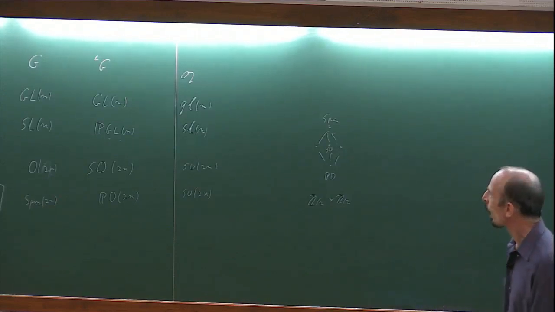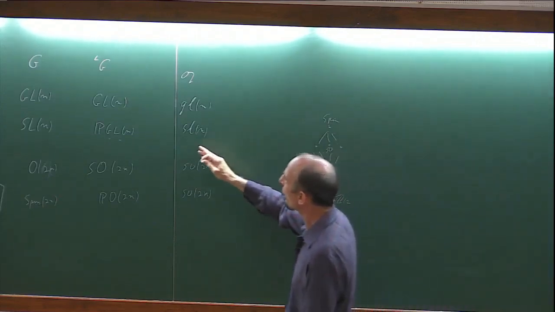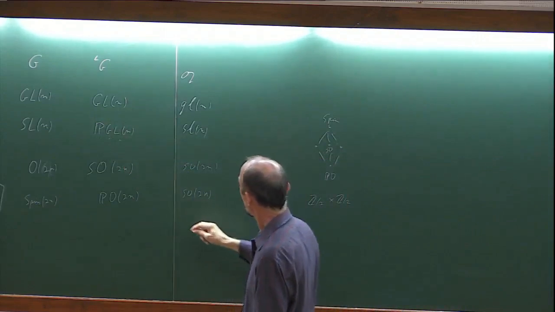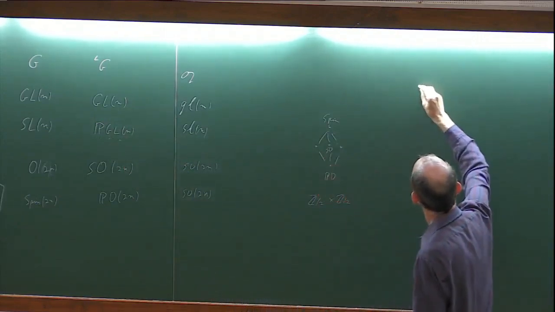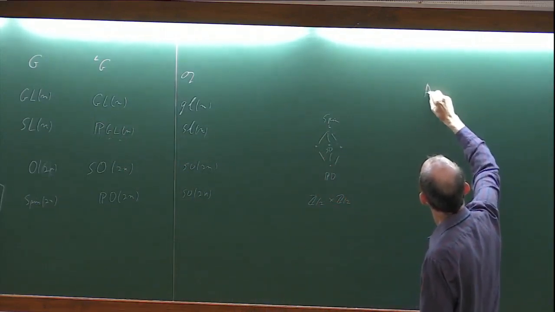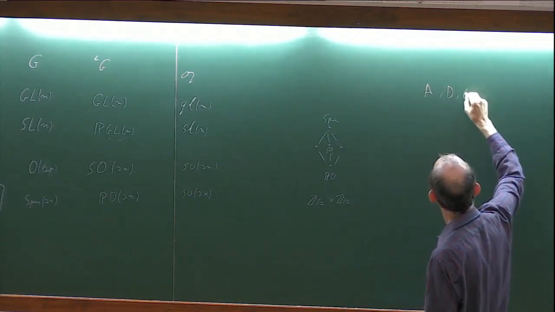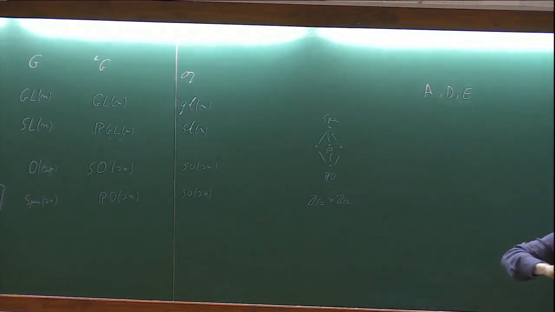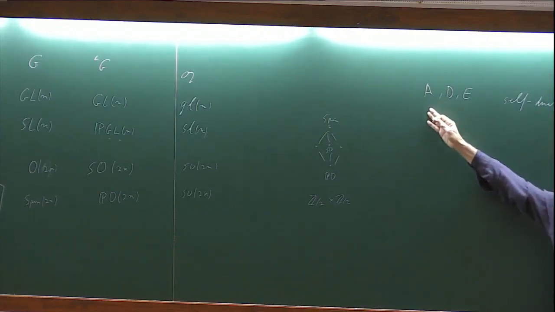So Langlands duality at the Lie algebra level: types A, D, and E, the simply laced types, are going to be self-dual in the sense that a group corresponding to one of these goes to another group for the same Lie algebra.